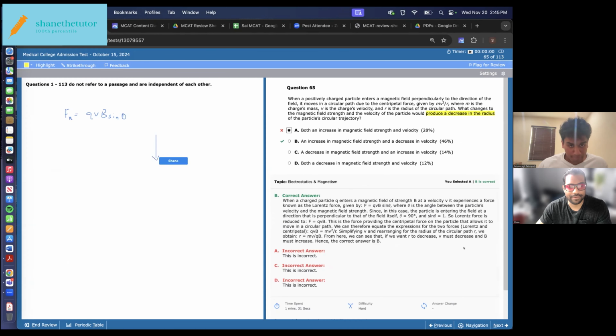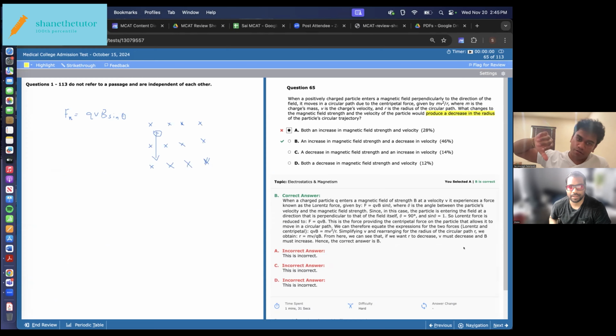So let's say we have a charged particle enter this region of the magnetic field being into the page. I want you to tell me what direction it'll experience a magnetic force.